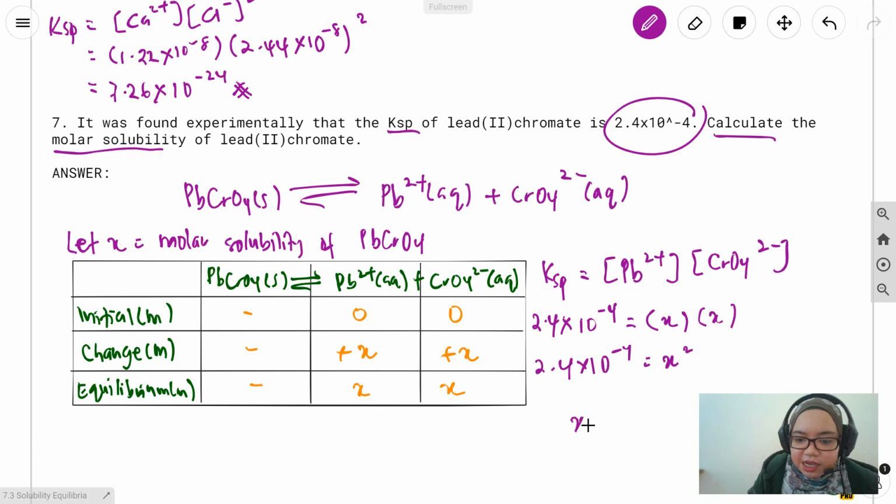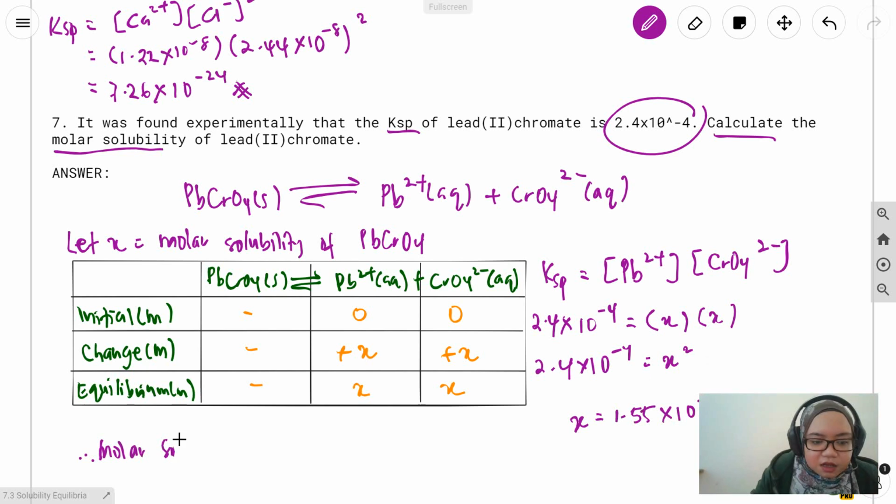So you square root it, you will get X equals 1.55 times 10 to the power of negative 2. So here, you can conclude that the molar solubility of PbCrO4 is 1.55 times 10 to the power of negative 2 molar.